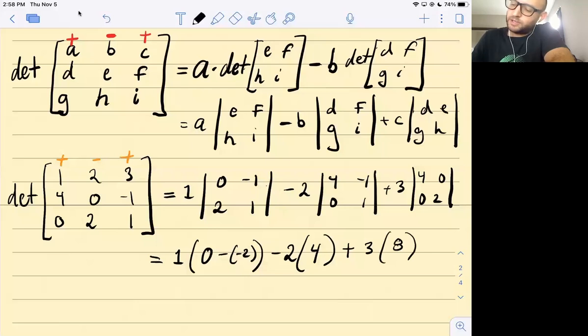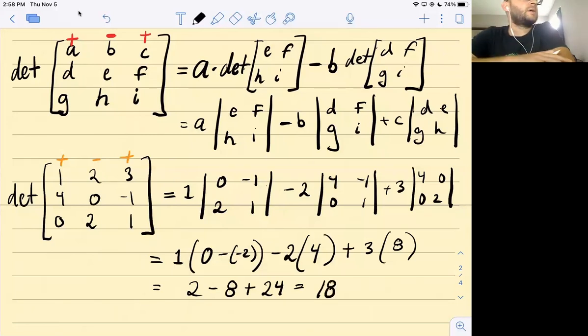So this becomes 2 minus 8 plus 24, which is 18. Alrighty, nice guys. So that's one way you can do the determinant. It's really nice if you know 2 by 2. Be careful with minus signs, but it's a nice approach to do it.